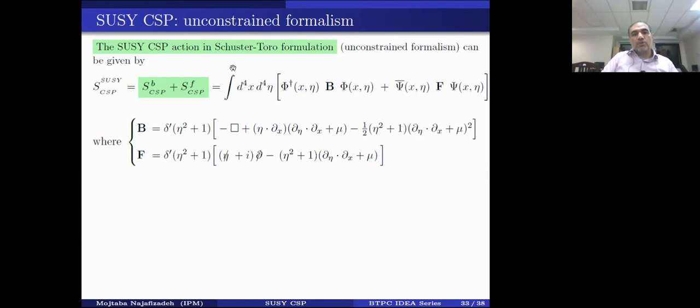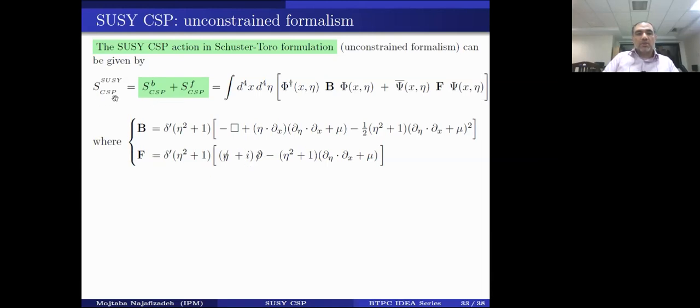In the Schuster-Toro formulation, you can consider this SUSY CSP action, which is a sum of the Schuster-Toro action and our action, where B and F operators are in this form. I showed these equations separately before.